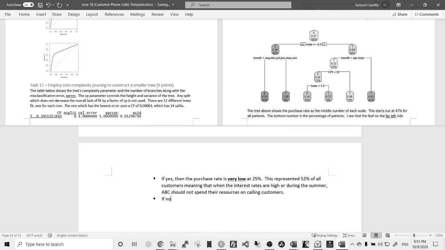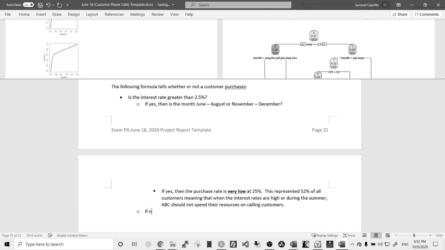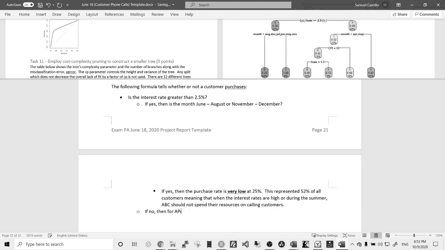If no, then you can actually look and say there are actually 0% of customers here, so you can just skip this node. And now let's consider this node, which is 12%. So is the interest rate greater than 25%? If no, then for April and May, purchase rate is very high at 85%.